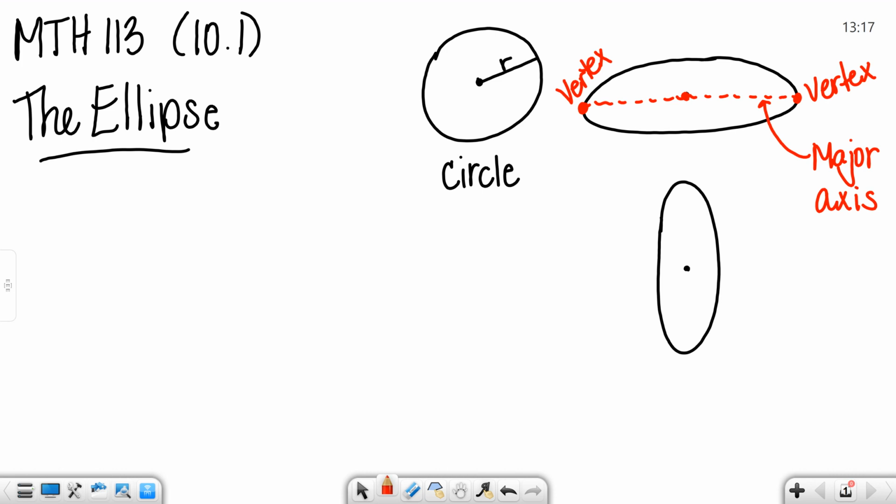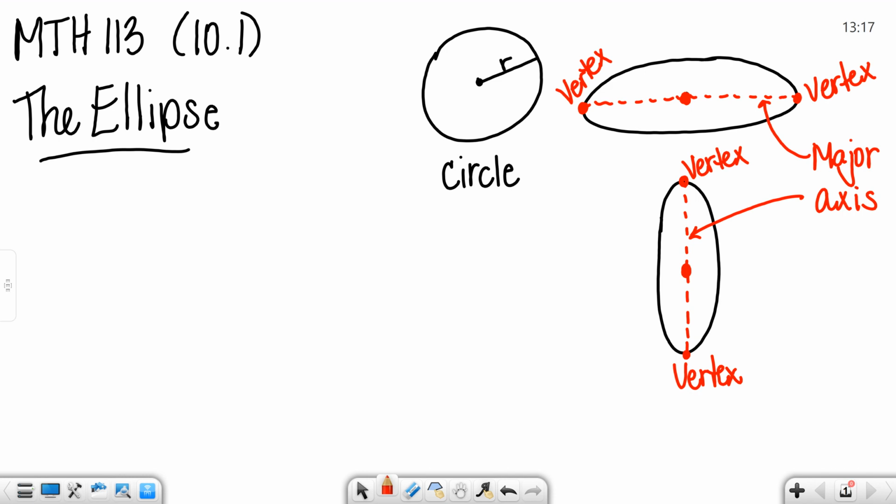So the major axis joins the vertices and it goes through the center. So if we draw that on this other one, our major axis would be this red line, and these would be our vertices. So each is a vertex. This point in the middle is my center, and that red line would be considered my major axis.